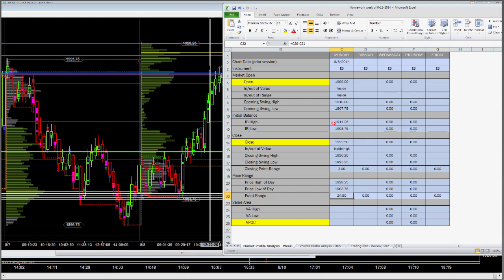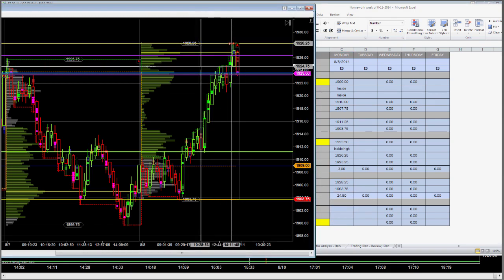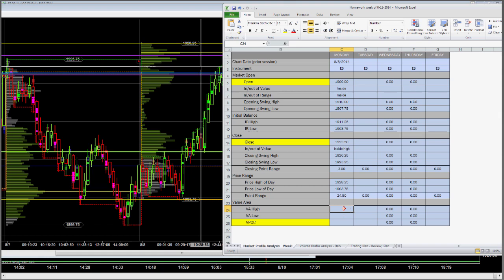So we had significant range extension on the day, right? 24.50 minus the 8, about 8.5 for the IB, significant range extension, and we closed inside high of value. So just looking at these numbers tells me that there was acceptance of price higher. And then when I add these other numbers, high of value is 28.25.